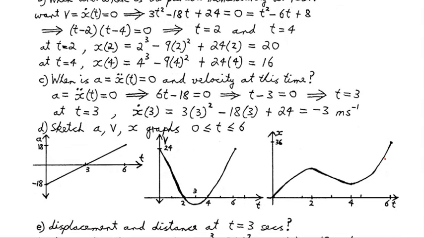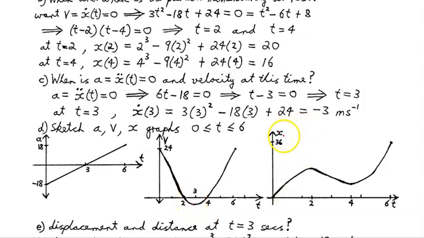Now, if we do sketches of these, if we take our velocity here and sketch that, at t equals 0 we have 24. And then its velocity decreases, it goes negative, so it has turned and is now moving in the opposite direction, and then at t equals 4 it has turned again and is moving in the positive direction. Positive v means moving to the right, negative v below the axis here means moving to the left.